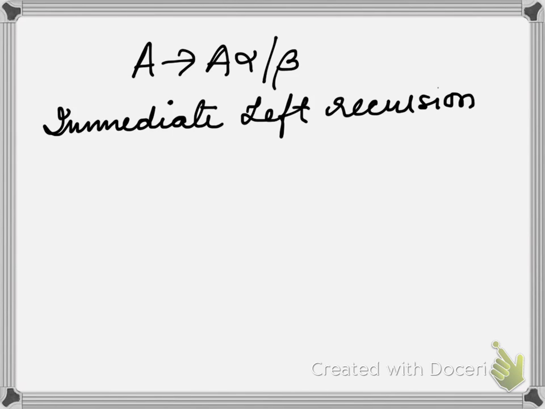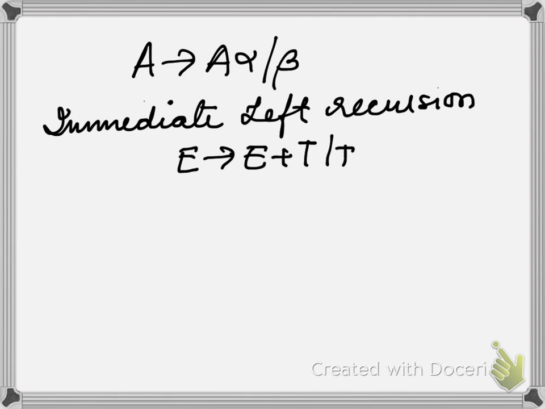This is the one which is more commonly found in our programming languages. Like if you remember, E derives E plus T or T, the expression grammar. Here you can see that there is immediate left recursion.